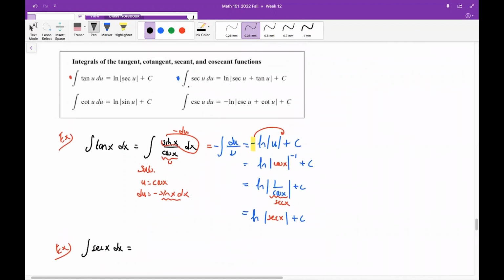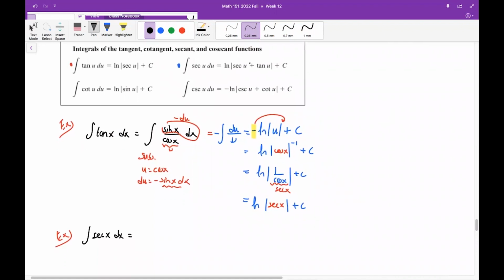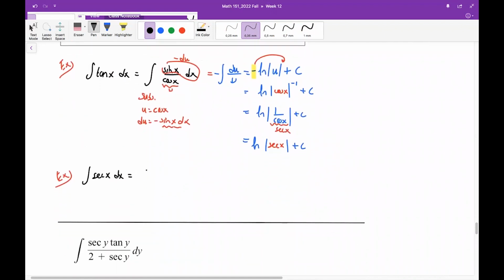This rule is kind of strange to verify, because normally, this is 1 over cosine x. Any substitution won't work here. For example, if you choose cosine x as your u, du is minus sine x dx as we did before, but there is no sine x around. That's why this substitution doesn't work.